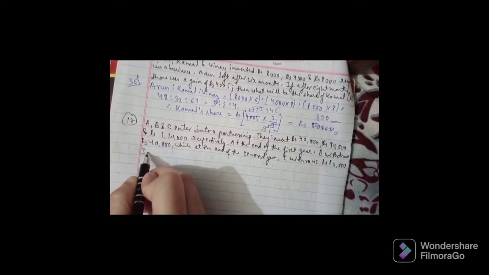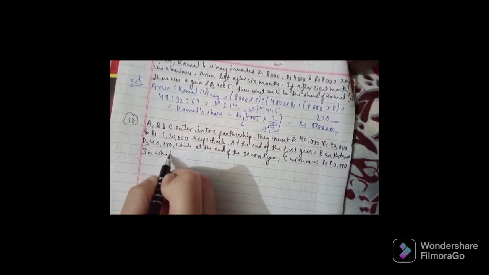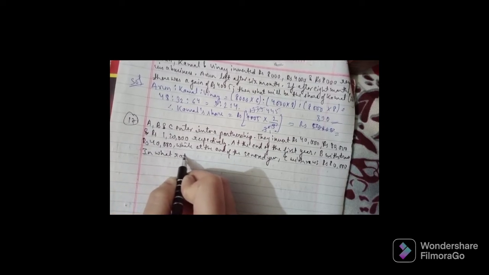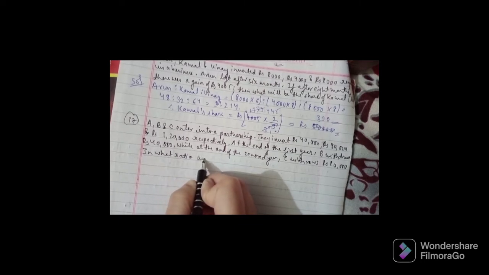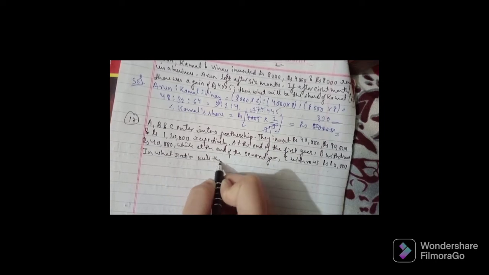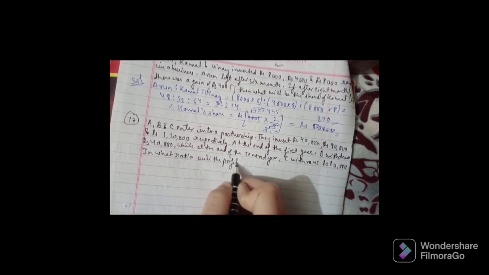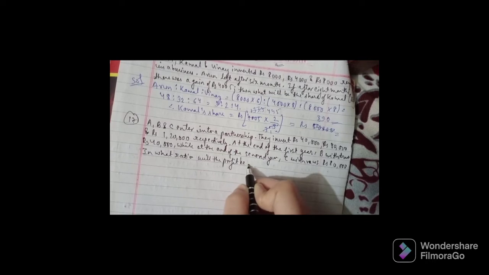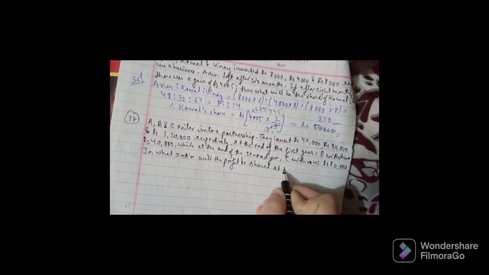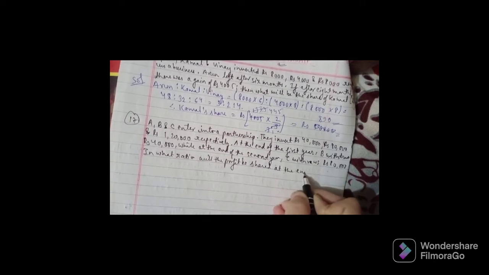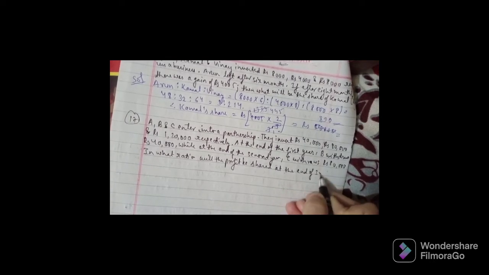In what ratio will the profit be shared at the end of 3 years?